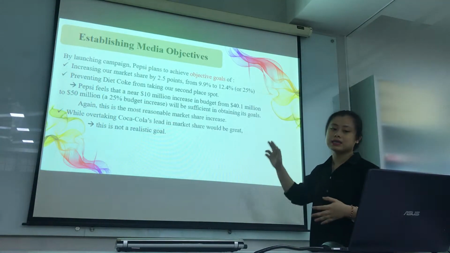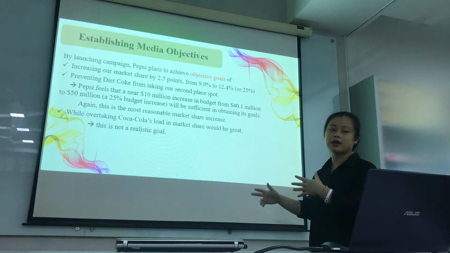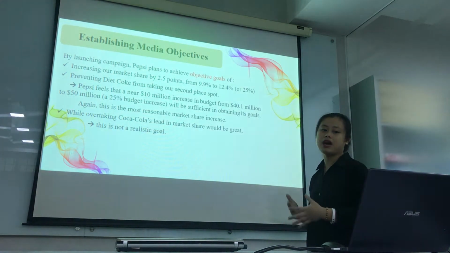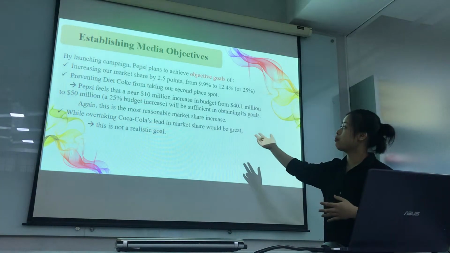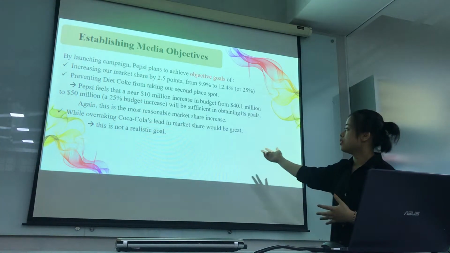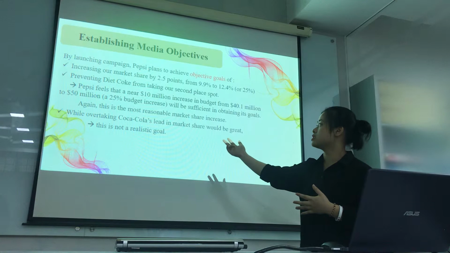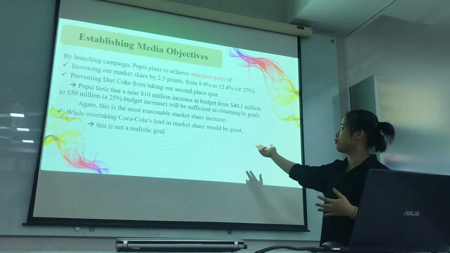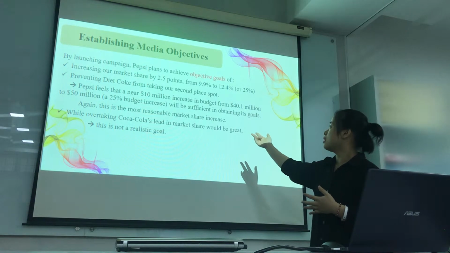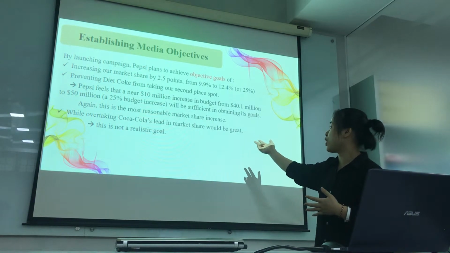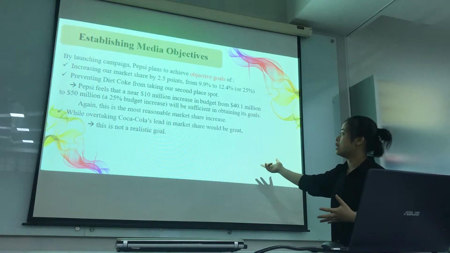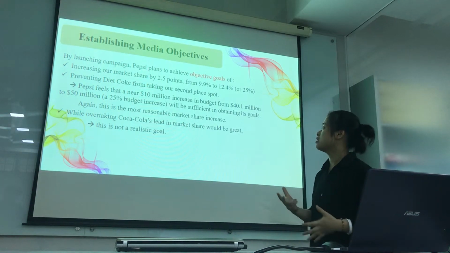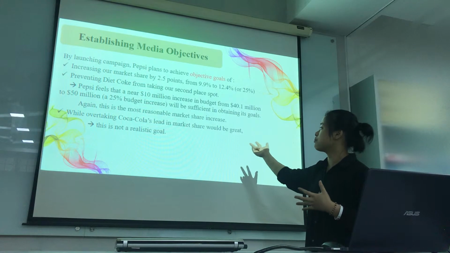Next, after market analysis, we need to establish media objectives. For example, Pepsi planned to achieve the goal of increasing market share by 2.5 points, from 9.9% to 12.4%, and they wanted to prevent Diet Coke from taking their second place spot.